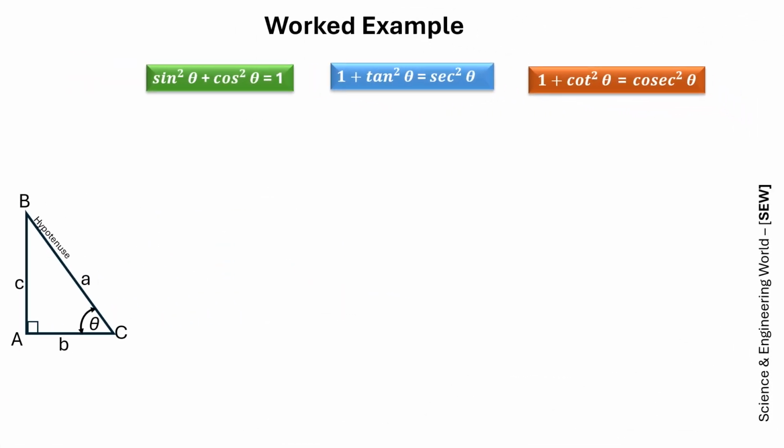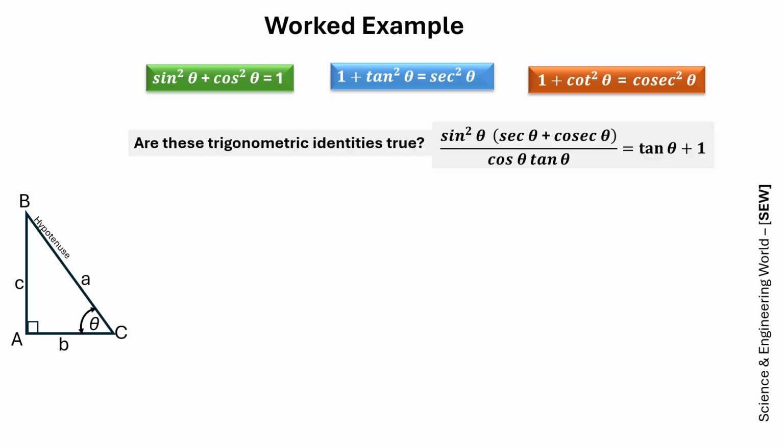I want us to use these 3 trigonometric functions to look at a problem, and it is very interesting. The statement of the problem is, are these trigonometric identities true? That is to say, sine square theta in brackets sec theta plus cosec theta, over cos theta tan theta, equals tan theta plus 1.